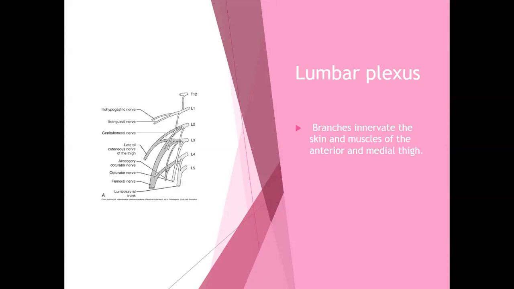The lumbar plexus is formed by the anterior rami of L1 to L4. The plexus forms in the psoas major muscle. Interesting, right? Branches of the lumbar plexus innervate skin and muscles of the anterior and medial thigh. So if you have anterior thigh issues, it could be a lumbar plexus, could be an L4 femoral nerve.